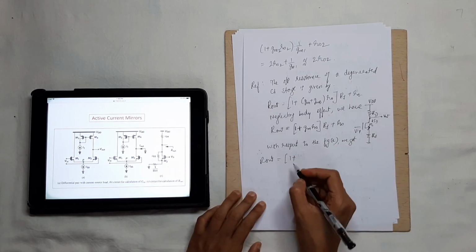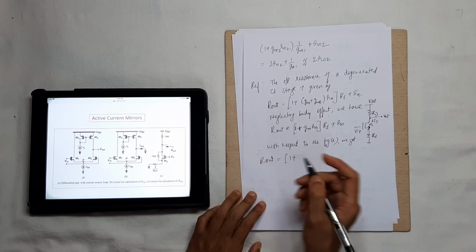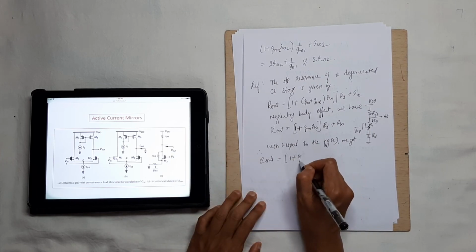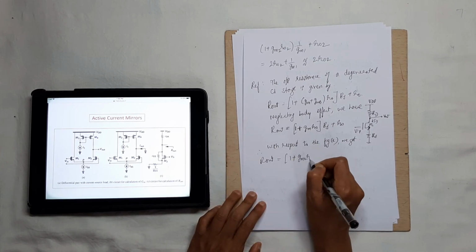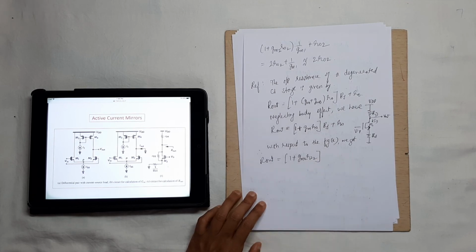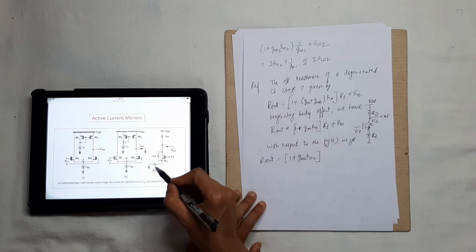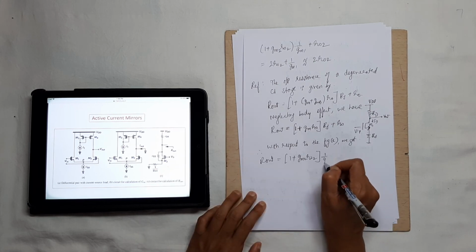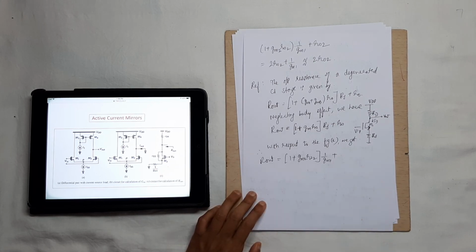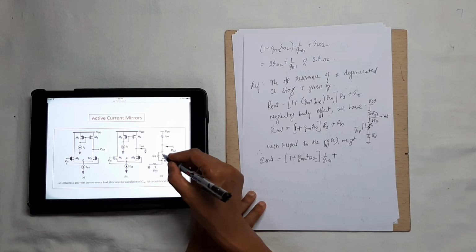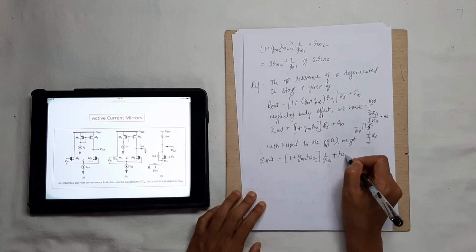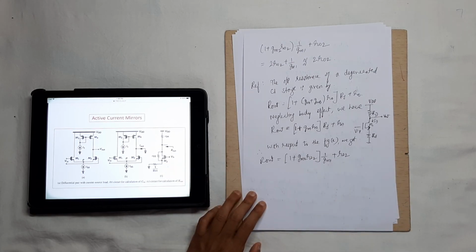Since it is M2, let us write GM2 RO2 multiplied by RS. RS is this resistance, which with respect to this figure is 1 upon GM1 plus RO2 for the second transistor.